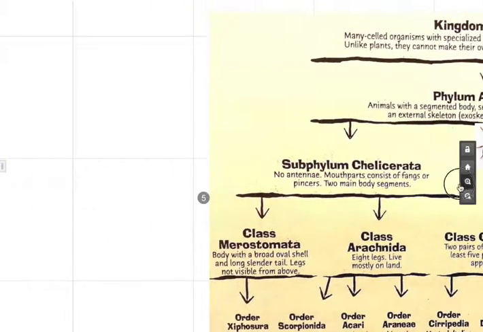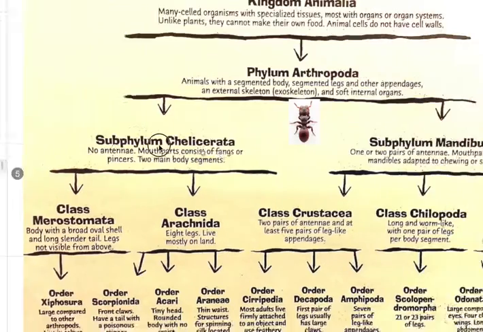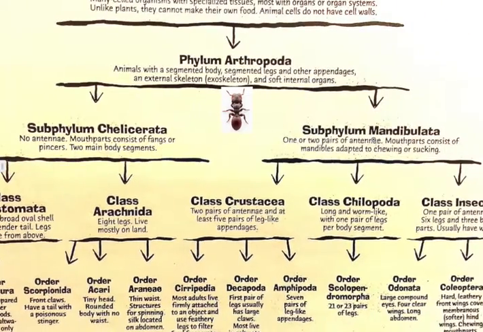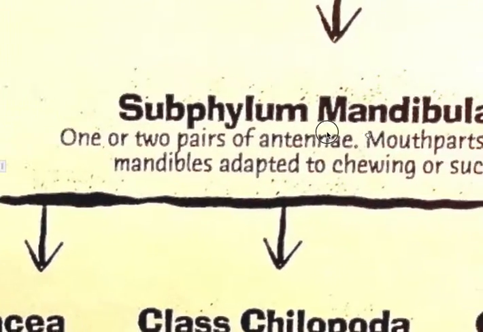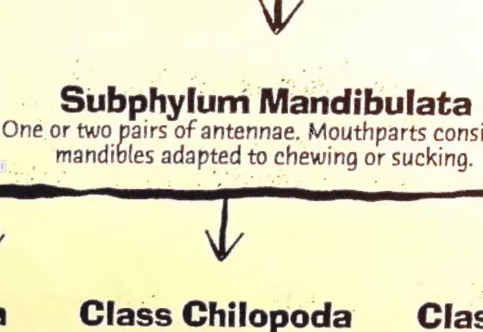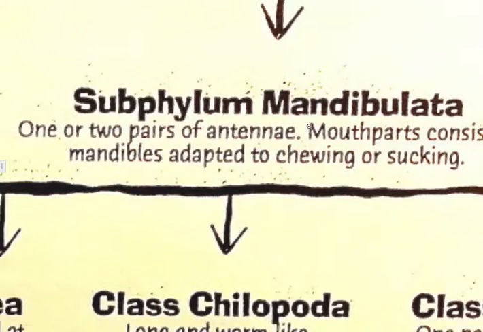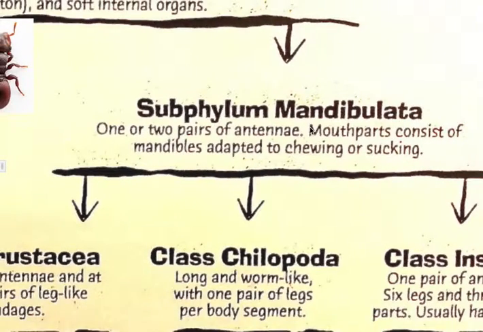However, if we were to move over and look at the subphylum of Mandibulata, we would see that it would need to have one or two pairs of antennae and mouth parts consisting of mandibles adapted to chewing or sucking.